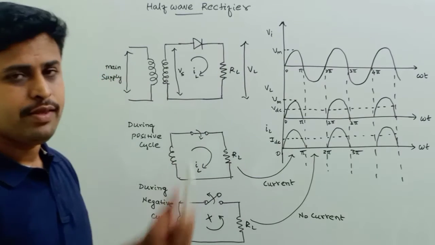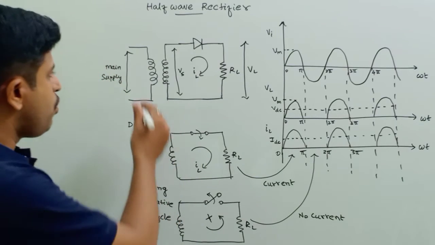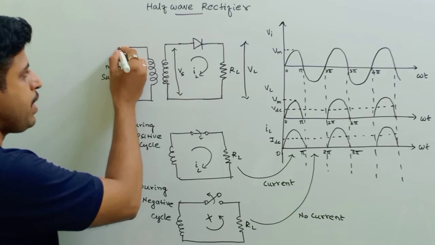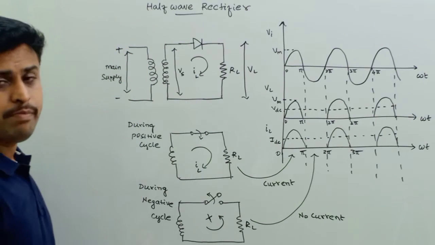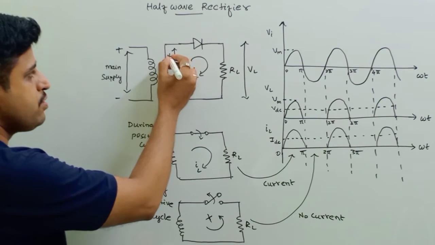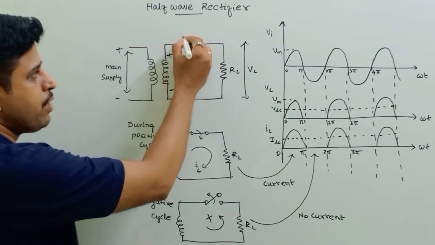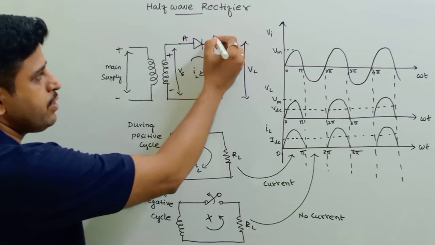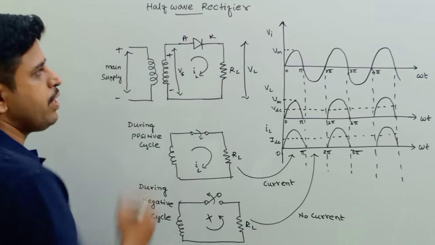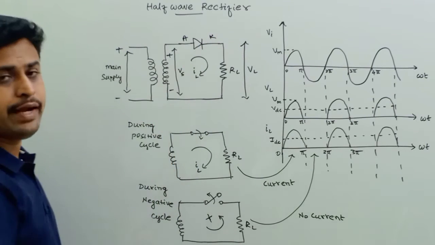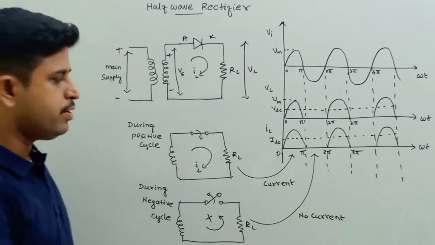So based on that, when the positive half cycle arrives in the main supply, let us say this is plus and this is minus, the same plus and minus will appear here. Then plus is connected to the anode of the diode and minus to the cathode of the diode. Therefore the diode gets switched on like this.